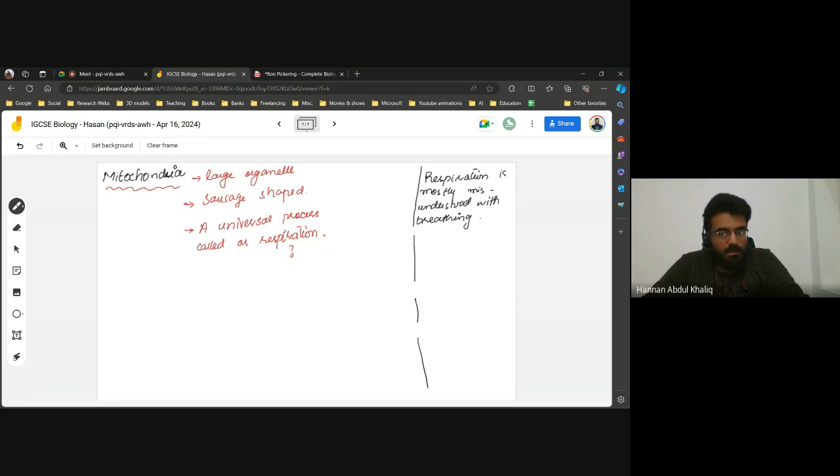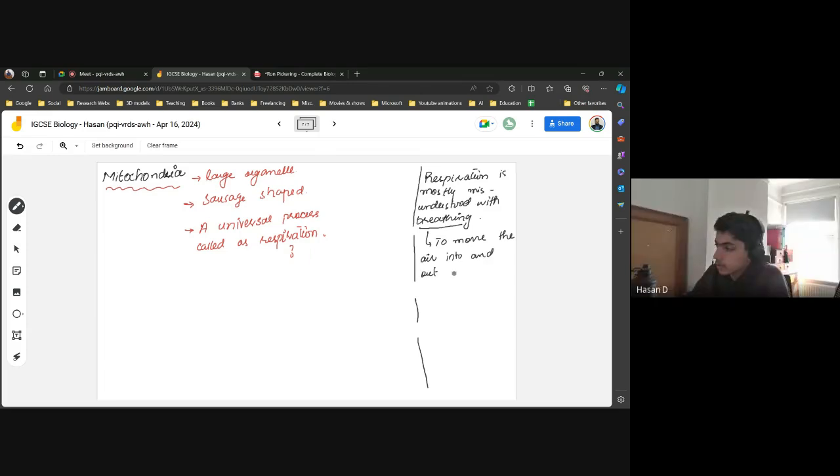From now on, try to forget the link between breathing and respiration. Breathing is a totally separate process. Why do we do breathing? We do breathing to move the air into and out of our lungs.